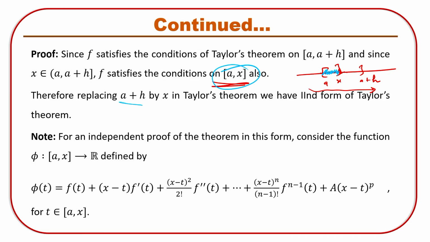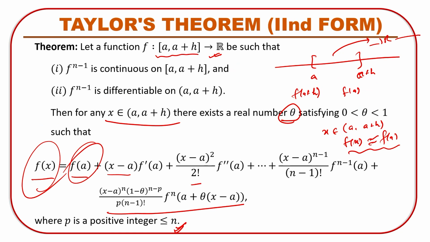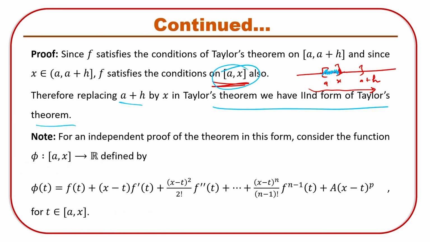So, I can write this one by replacing x as equal to a plus h, and then Taylor's theorem is valid. So, the second form of Taylor's theorem will be proved easily by using the first form by putting x equal to a plus h. So, in place of x you just put a plus h and then it will be the answer.